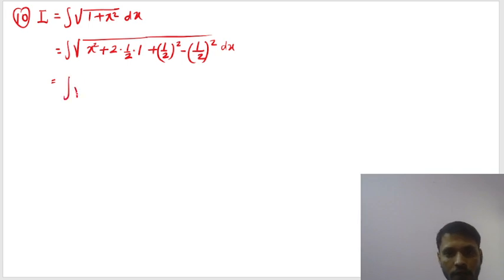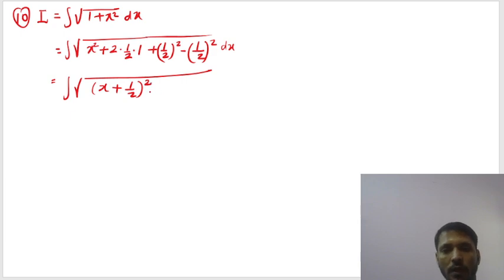So here integration of what? It is nothing but (x plus 1 by 2) whole square minus 1 by 2 whole square into dx.